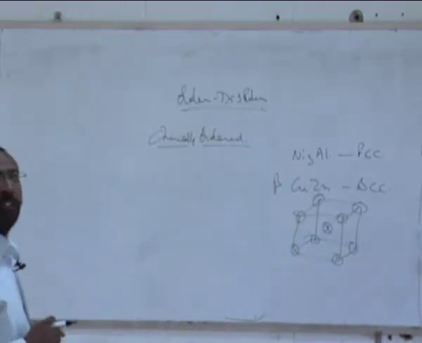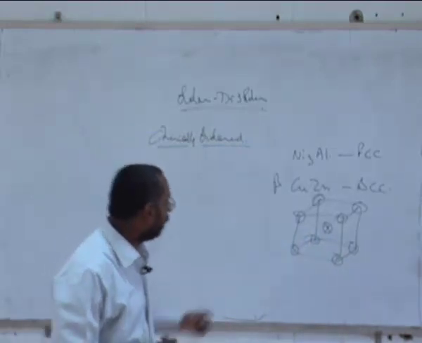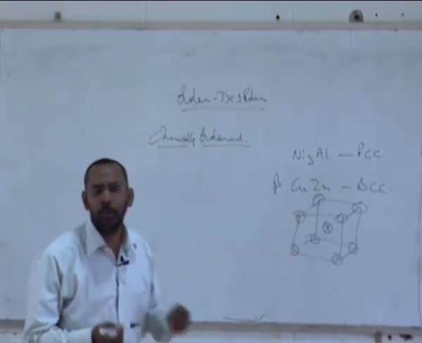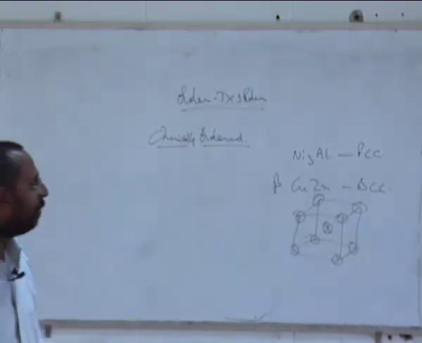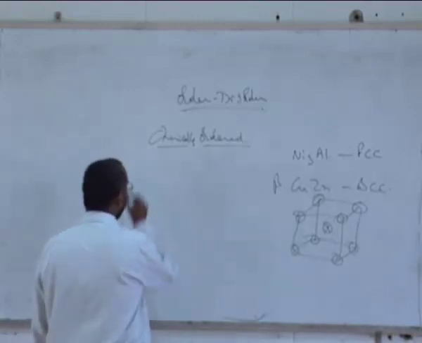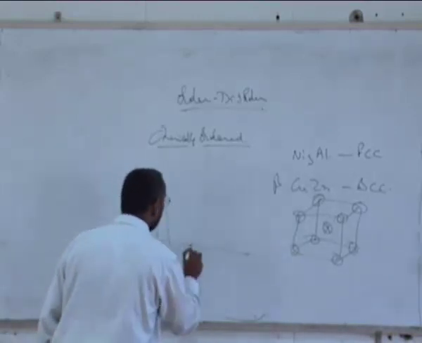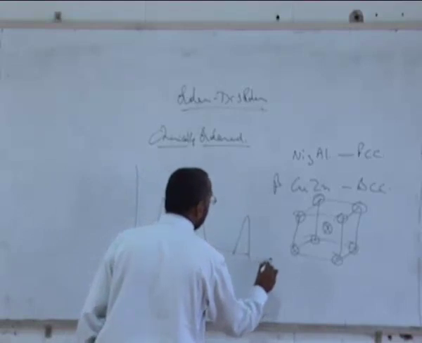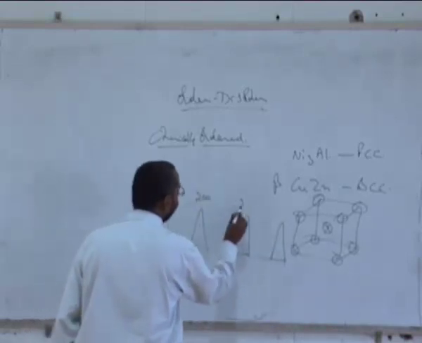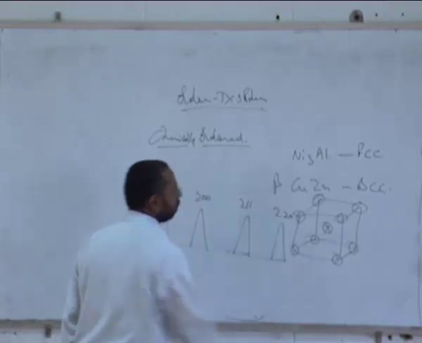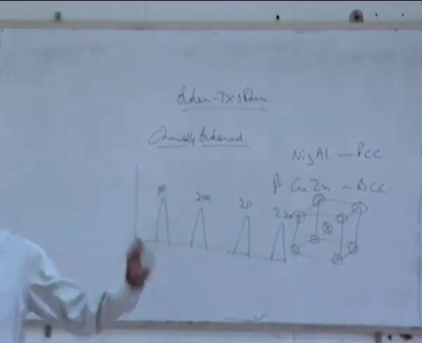Now if I take such an ordered compound and do a diffraction analysis using X-ray diffraction, a normal BCC will give me peaks at 110, 200, 211, 220. This is a standard BCC pattern.